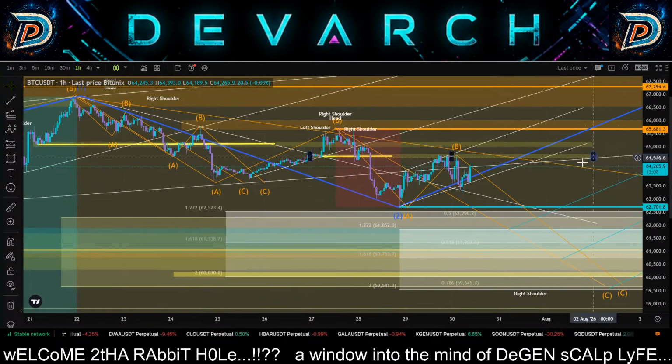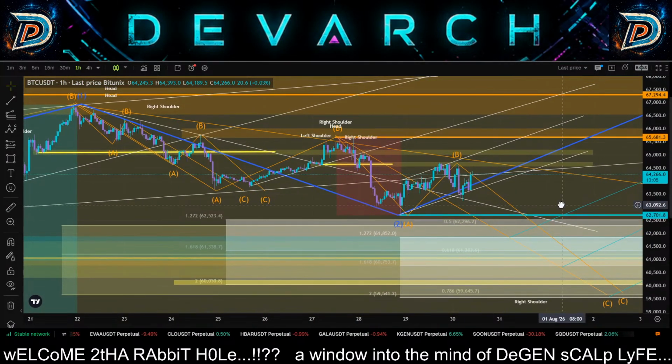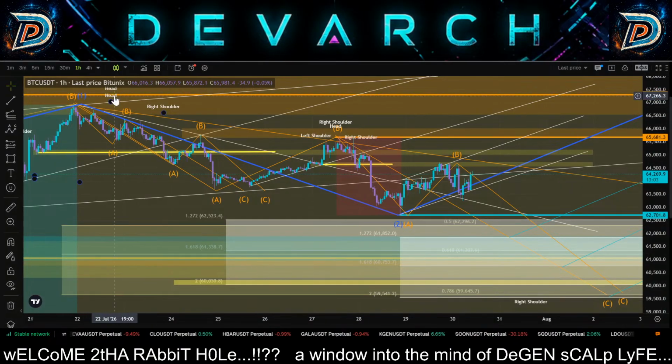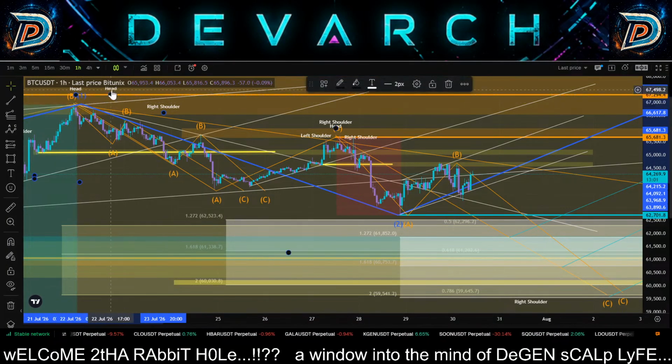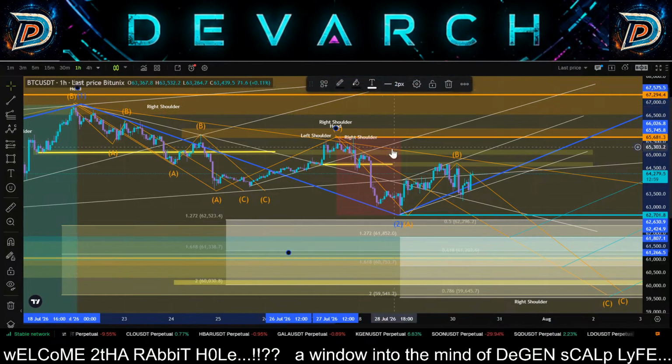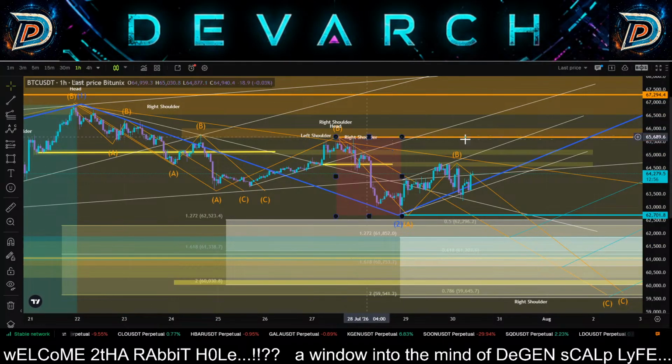Now we can save this screenshot because this is a different wave fractal. So here we go. So here's the 1 hour wave map.